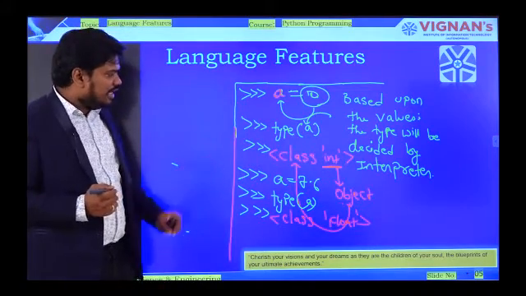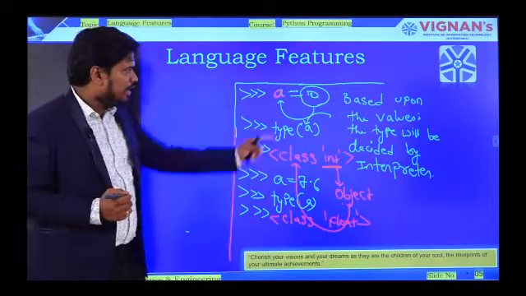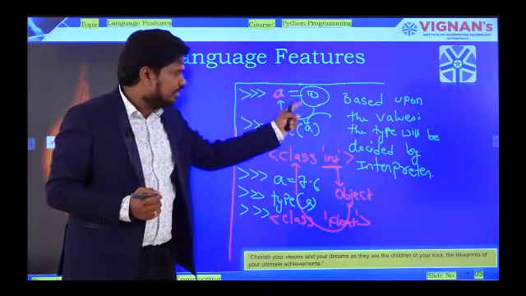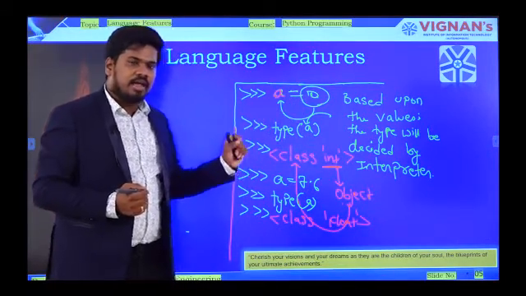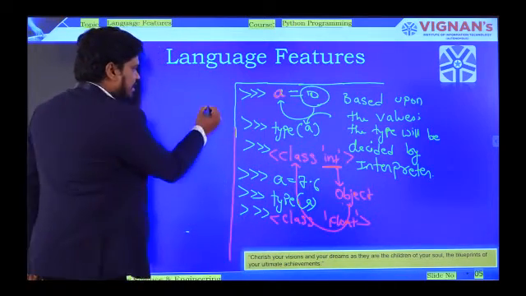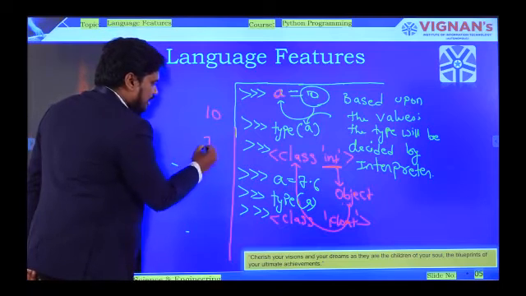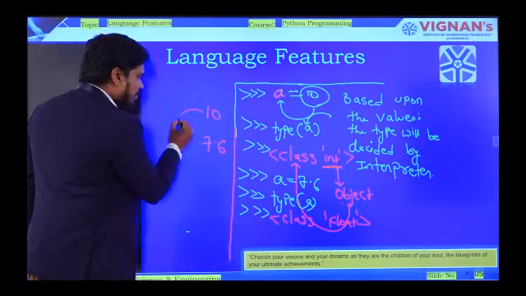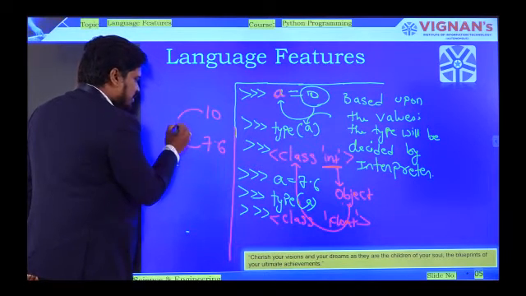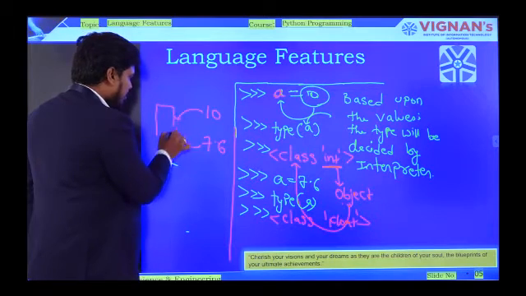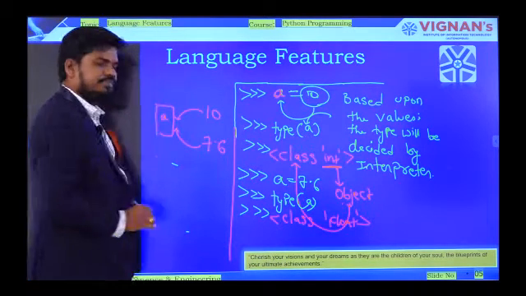So if you observe carefully, here I have created two different values. The first one is 10 and the second one is 7.6, and I have placed these two values in one container, in one variable, that is a.